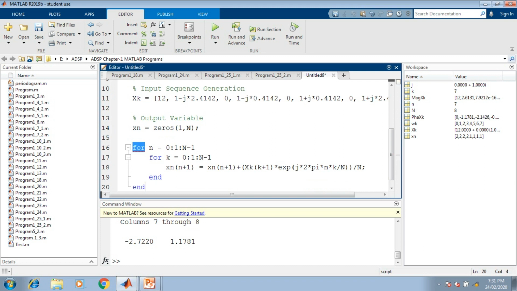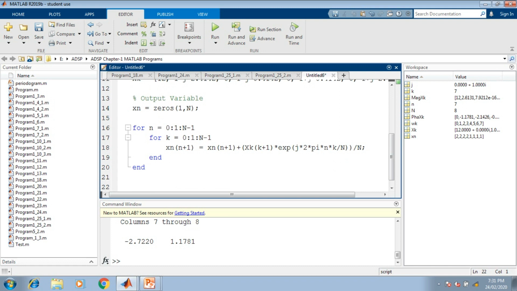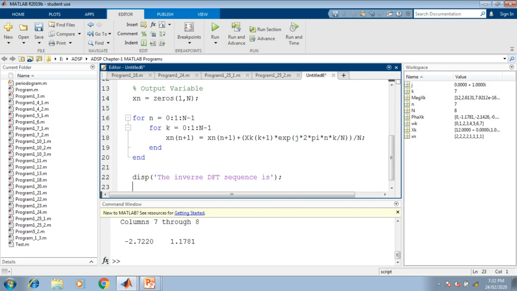After having this mathematical logic generated, we have to end the nested pair of for loops, so two end commands are used. Now it's time to display the IDFT coefficients. We write the disp command, within parentheses and single quotes we write the string 'The inverse DFT sequence is', and we write small xn.